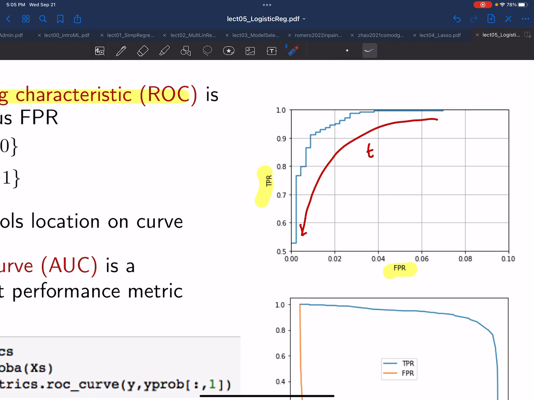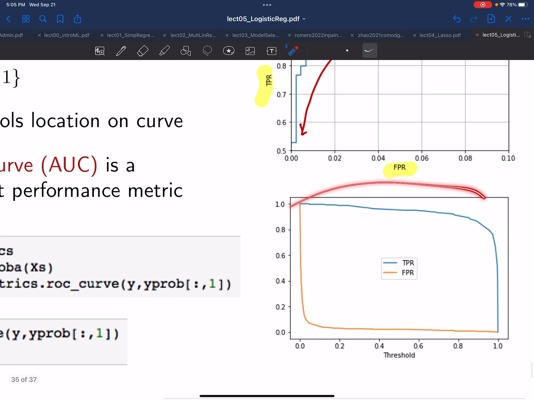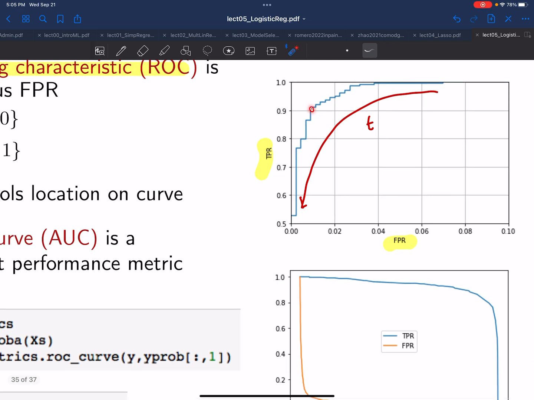As you change the threshold, you get different combinations of these two. This is actually the curve of them versus threshold. At a particular threshold like 0.4, I'm going to get some combination here and there, and if I plot those two things on a curve, it ends up somewhere over here.